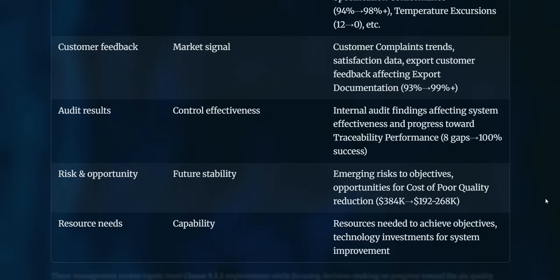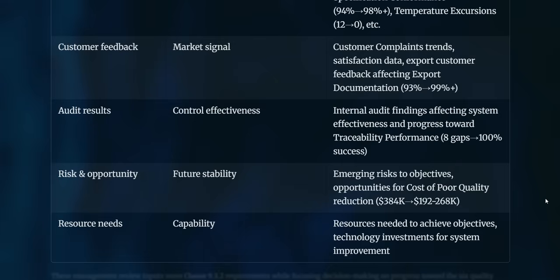The final input for our management review includes resources needed. Resource needs must be included because they show the capability requirement.